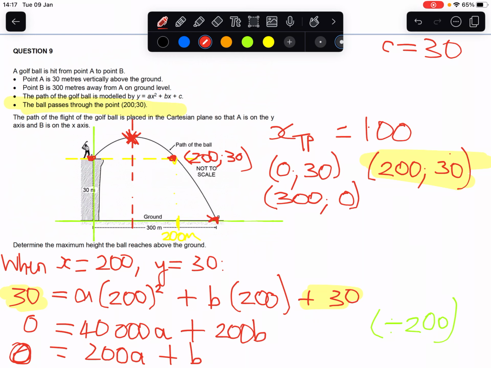So we now have an equation with two unknowns, and that should be hinting at simultaneous equations. We're going to get another equation, maybe in terms of a, maybe in terms of b, maybe in terms of both, and we'll solve the system of equations simultaneously. So let's hold on to this as our equation number 1.